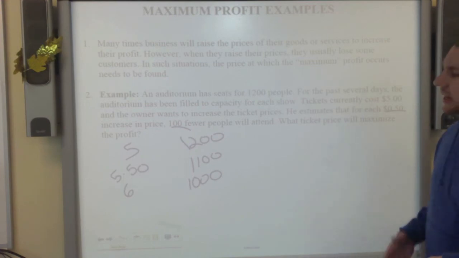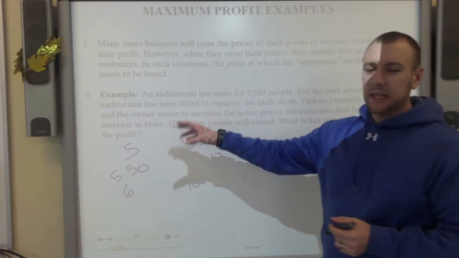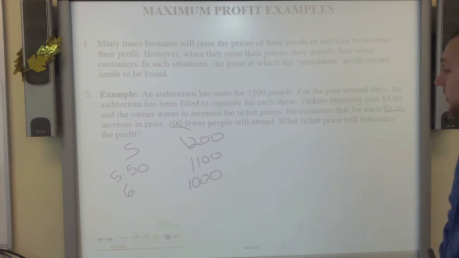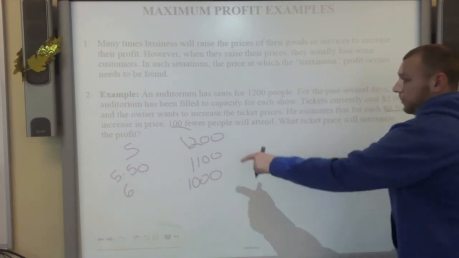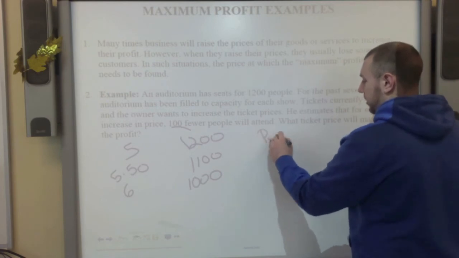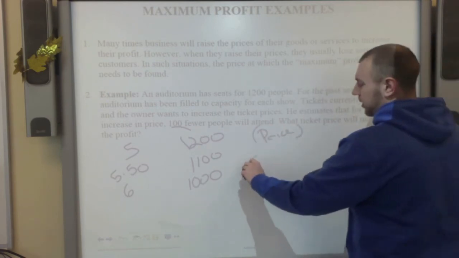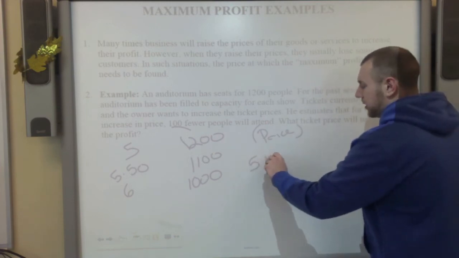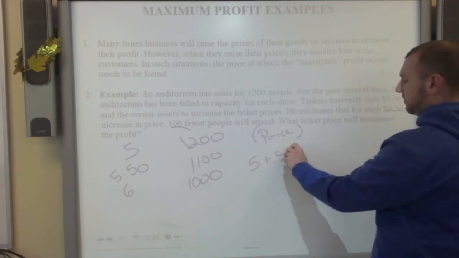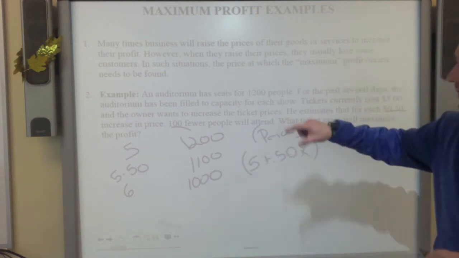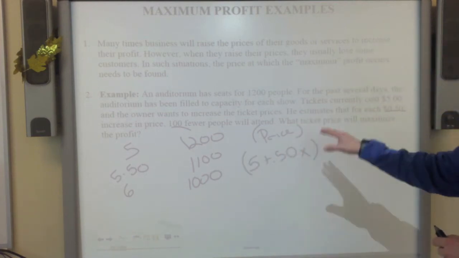Okay? So instead of making a table, sometimes we use quadratic functions to do this. So the price is going to be $5 plus 50 cents times x, x being the amount of times that I move the price up.